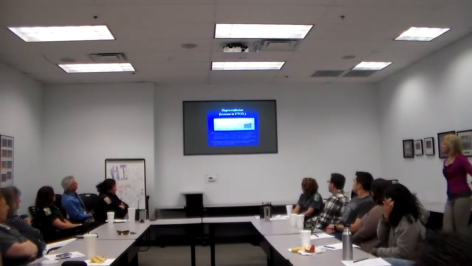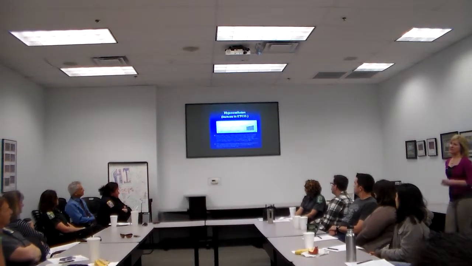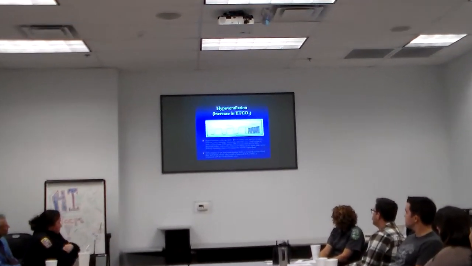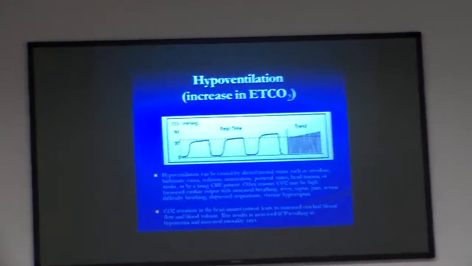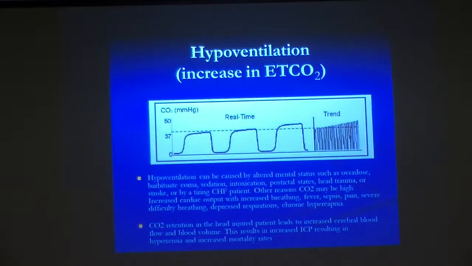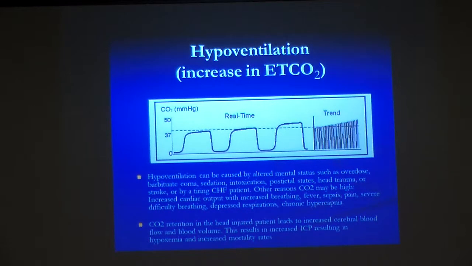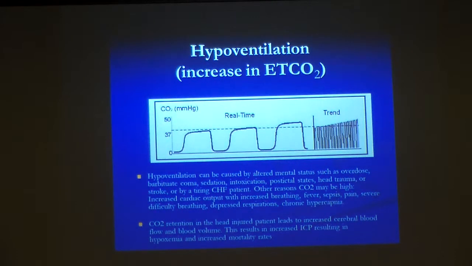So hypoventilation can be caused by a myriad of things. Every hyperventilation and hypoventilation can be caused by a lot of different reasons. It can be respiratory or metabolic. Metabolic is a lot harder to figure out, but like with those DKA patients, like Dr. Giorgio said, they look like they're breathing just fine, but it's a metabolic problem. That's why their end-tidal CO2 is off the chart.